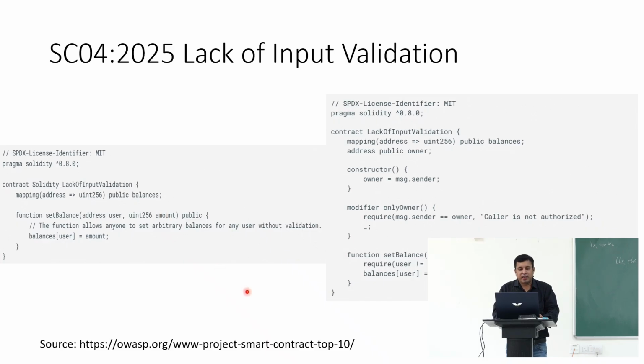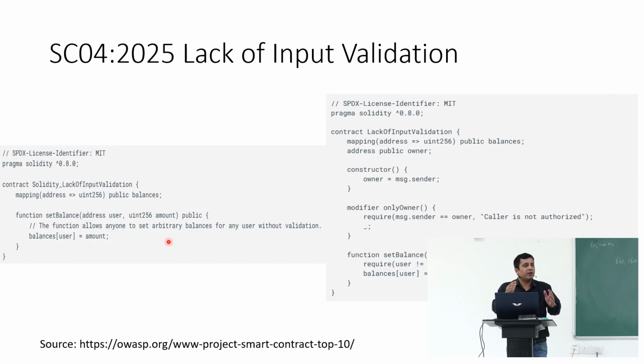Coming to the lack of input validation. If you see here, for this particular amount the data type is uint256. Here the user's input should also get validated. If it is not validated, the function is setBalance(address user, uint amount), and the function allows anyone to set an arbitrary balance.